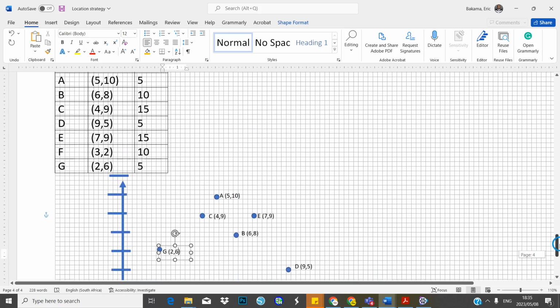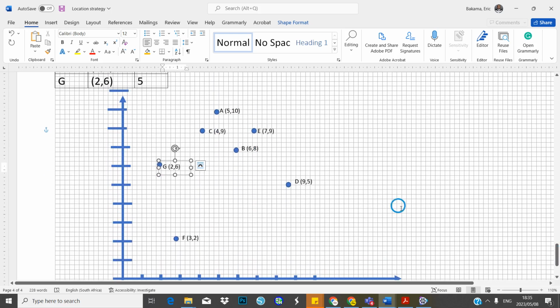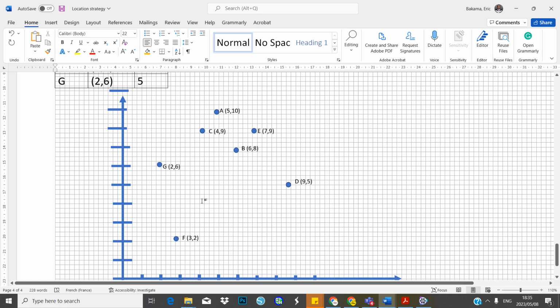Now, when we have this, the objective of this method is about finding a center of gravity, which means we need to find the location where we are going to get a distribution center. A distribution center means we have all these shops, they still belong to the same company, but we need to find a place on this map where we're going to allocate the distribution center so that it's going to be a place that will minimize the distance of each one of these locations.